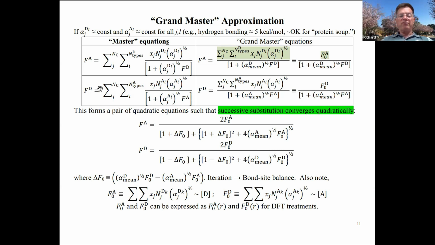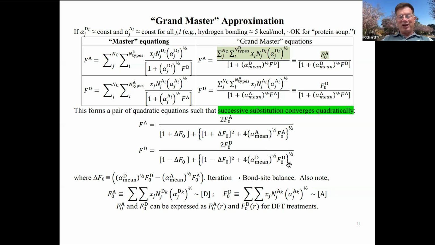Then when we solve the FAs and FDs, we can recalculate the new alpha means through this equation. That gives us the successive substitution iteration for the next one. And this converges quadratically because we've used a quadratic equation to provide us the next FA quantity. Okay, so that's how the calculation actually goes.